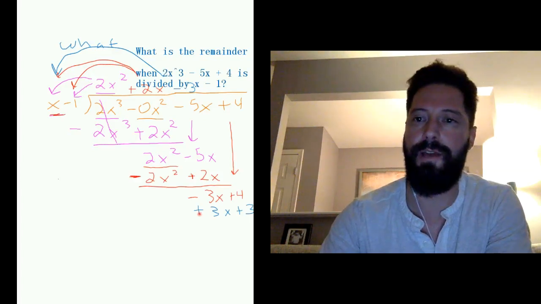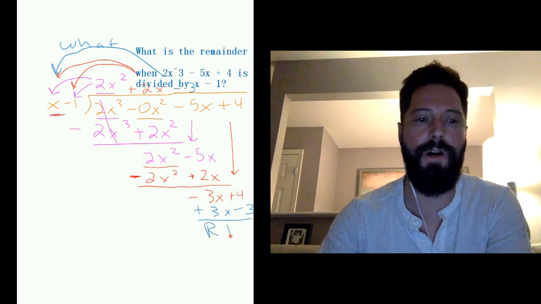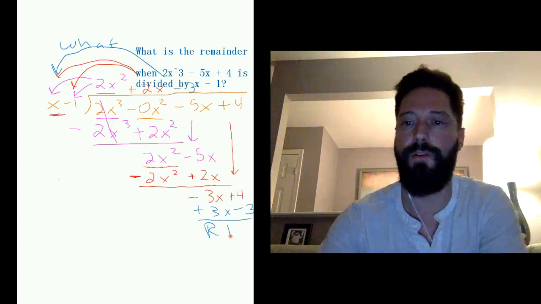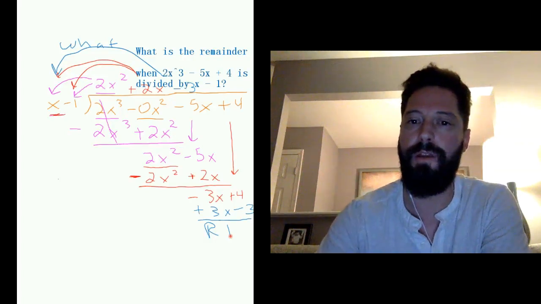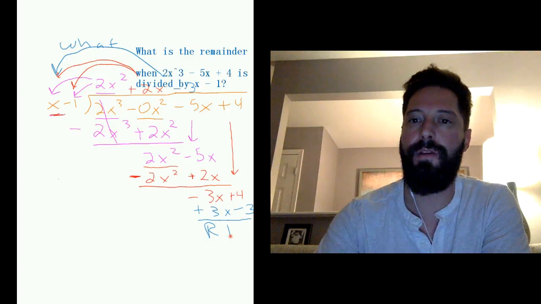And recall from before that our remainder was 1 when we did the polynomial remainder theorem. If we had to write this as an actual answer, you would do plus 1 over x minus 1.